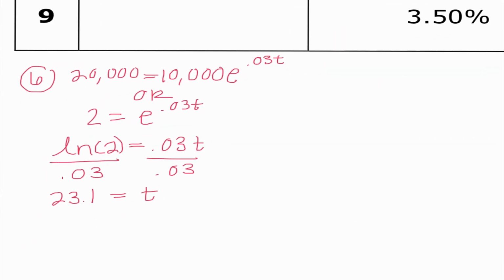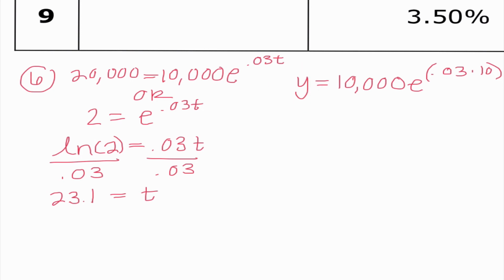Now, the second piece of information they give to us is how much money are we going to have after 10 years? So I'm going to say y, because that's the amount of money, equals 10,000 e to the 0.03 times 10. This time they're giving us 10, which is the input, and we're finding the output, which is y.